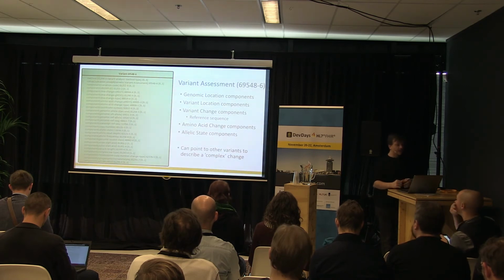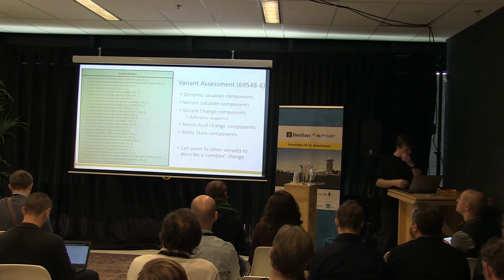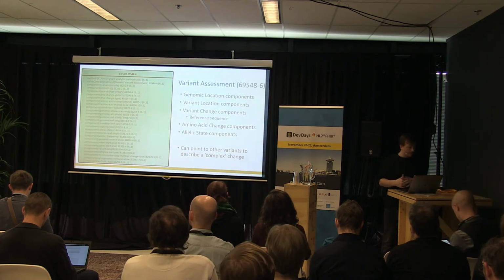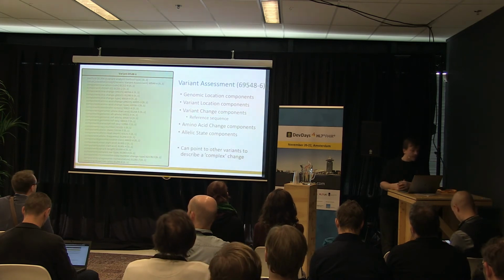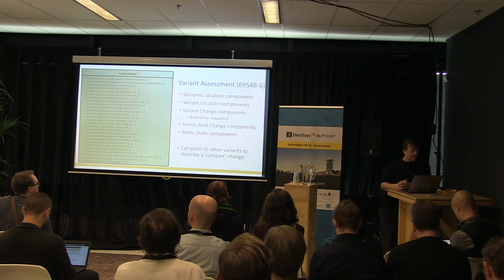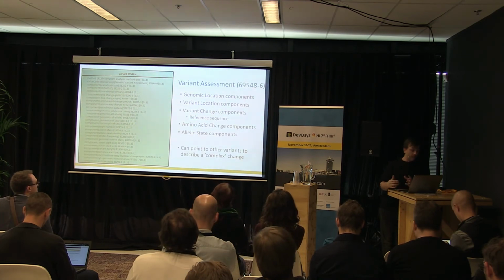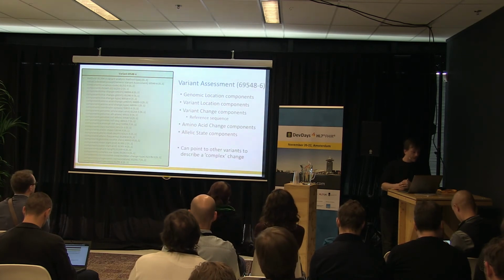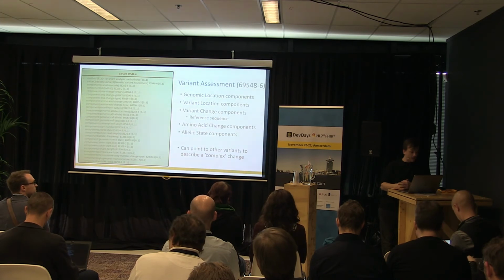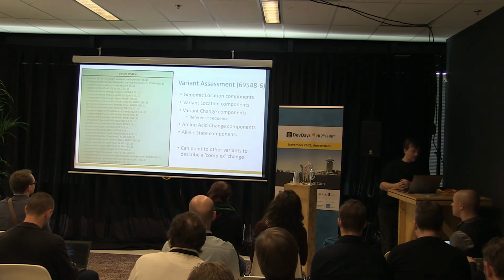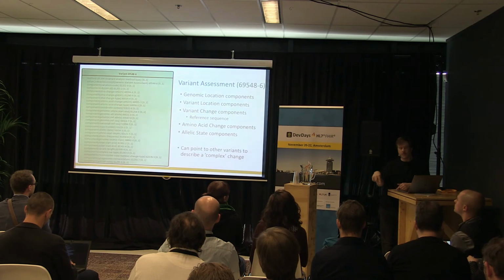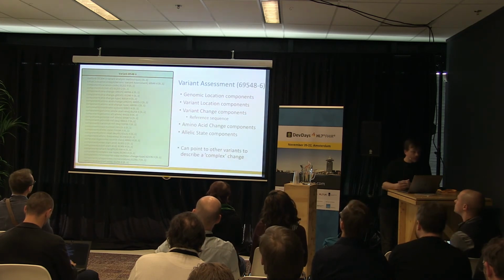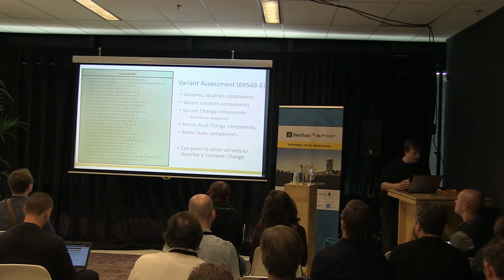Then the coordinate system which was used, like 0-based interval or 1-based. The start and end for the change. The alt allele, the ref allele, so A was substituted by C, for example. The ref sequence assembly.